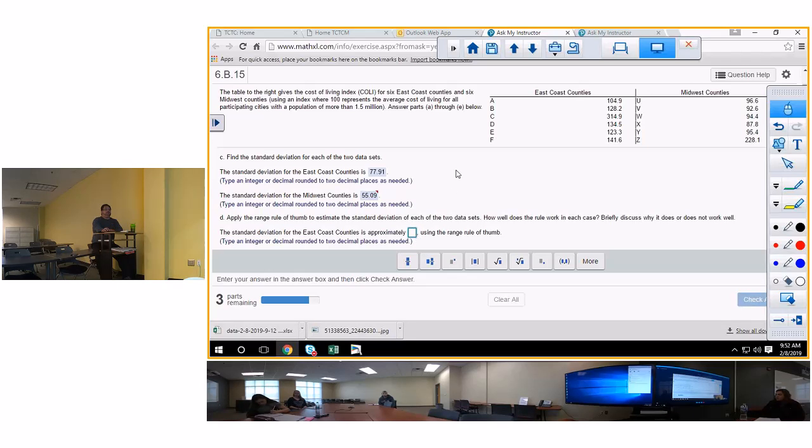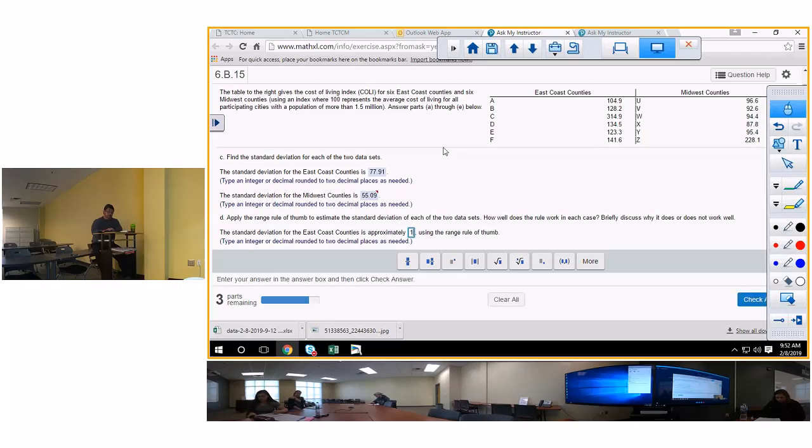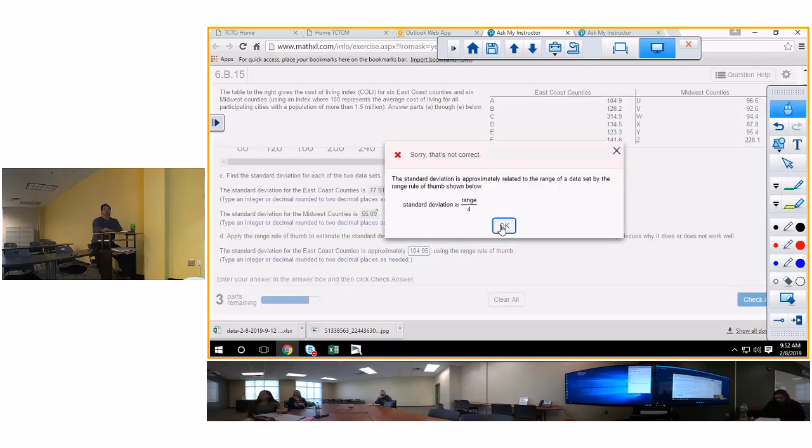Somebody take the highest minus the lowest and divide by 4 on the East Coast. It should be 104.95. But I haven't done the range rule of thumb in a long time, so I may be wrong.